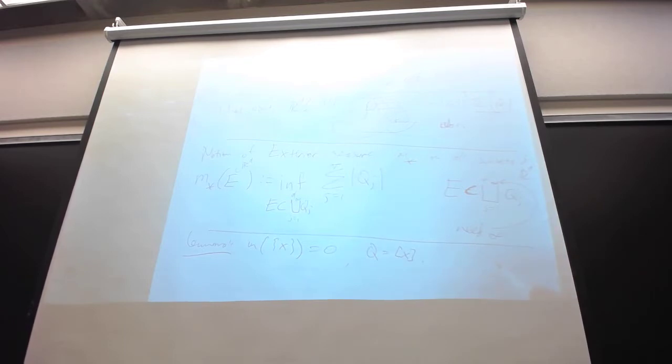But we're using closed cubes, so it does reach: this set itself is a closed cube of length 0, and it's an infimum, and these are all nonnegative, so 0 is easy.